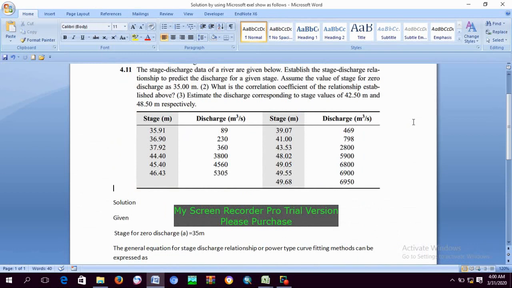The first question: establish the stage discharge relationship to predict the discharge for a given stage.